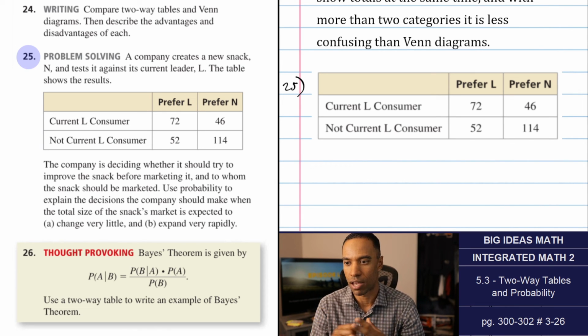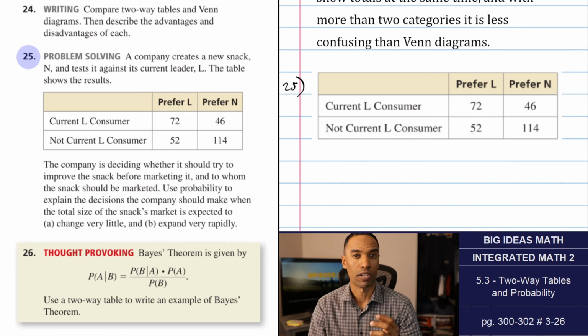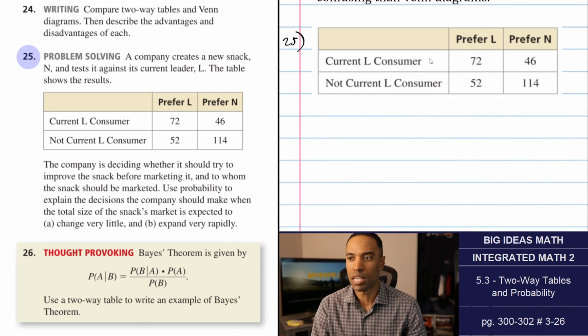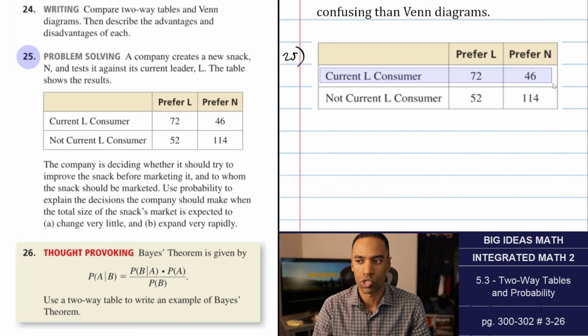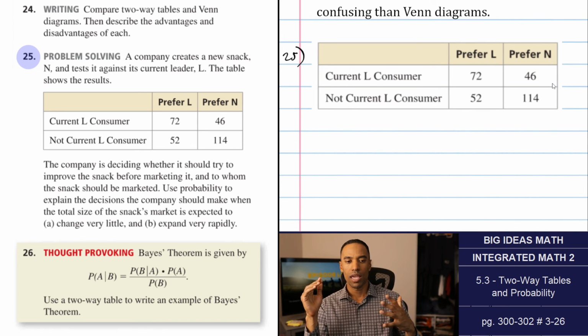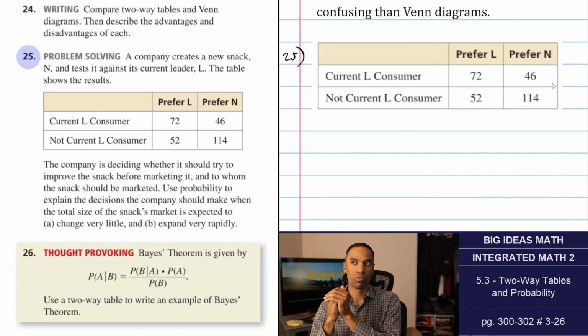And to me, what that sounds like is if you're already a consumer and that's not going to change very much. So it's about keeping the things as they are with current consumers. Because you're going to introduce this new snack.